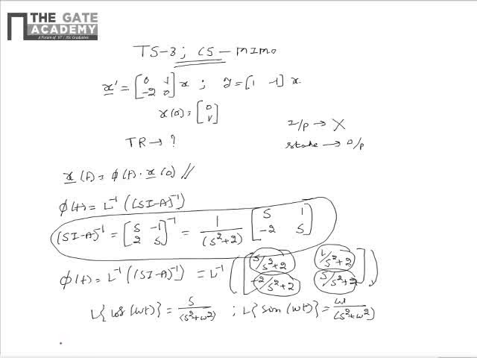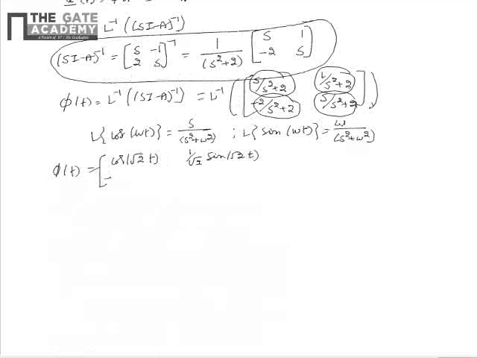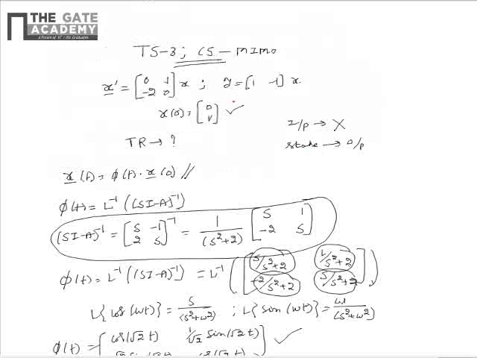So from this data we see that phi of t is equal to [cos of root 2 t, 1 by root 2 sin root 2 t; minus root 2 sin root 2 t, cos of root 2 t]. So we have phi of t and we are given x of 0.